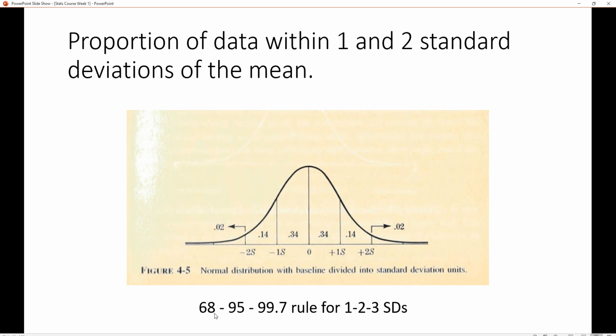So we call it the 68, 95, 99.7 rule because within 1 standard deviation of the center, and our center is at 0, we would see 68% of the sample within that 1 standard deviation of 0.